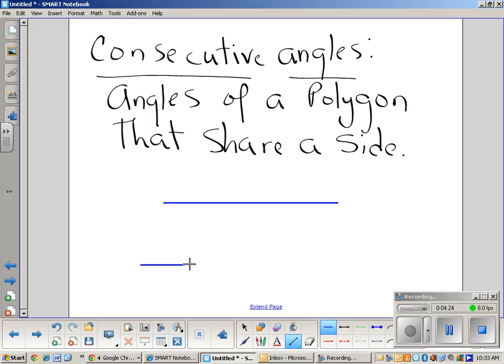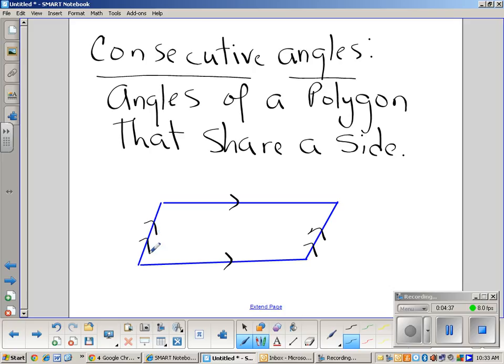I'm not going to say it's going to be truly accurate, but we'll just say that this is a correctly drawn parallelogram. We're saying that these angles are consecutive. So I can say angle 1 and 2 are consecutive because they are on the same side. We could say angle 2 and 3 are consecutive because they're on the same side. And angle 3 and 4, and back to 4 and 1.